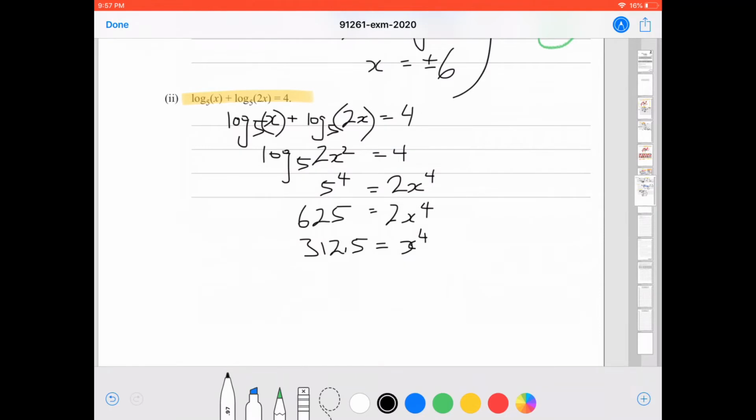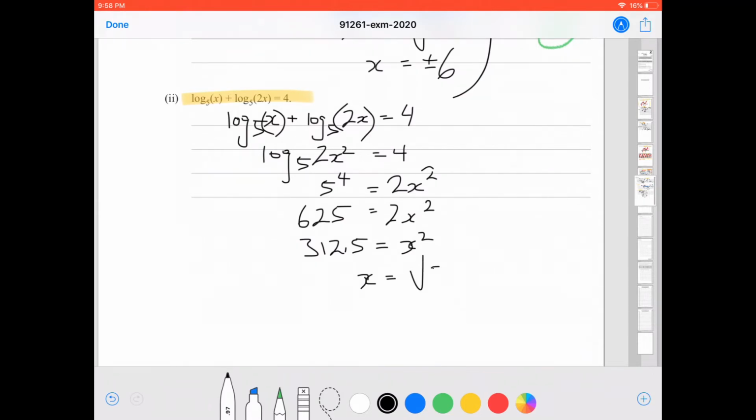And now the opposite of power of 4 is the 4th root. Now, how did I get to the power of 4? That's not true, is it? Power of 2. Just looking at my notes. 2x to the power of 2 it was. So, we want to not take the 4th root of 312.5, but rather we want just the square root.